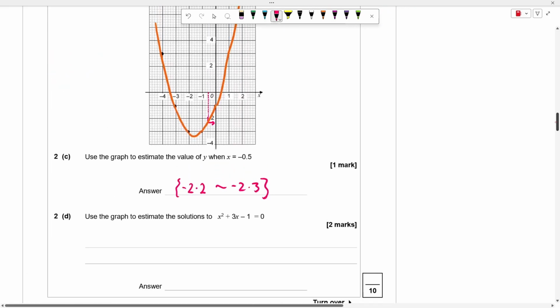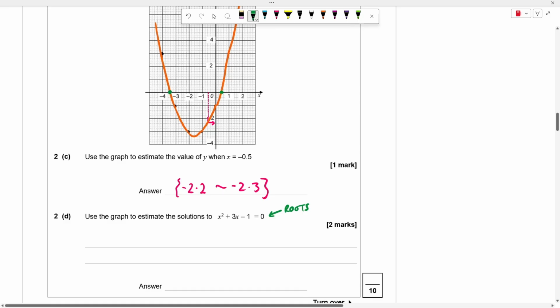It then says use your graph to estimate the solutions of x squared plus 3x minus 1 equals 0. Well, this is the roots. So it's basically where the curve crosses the x-axis, and it crosses the x-axis at this point here and at this point here.